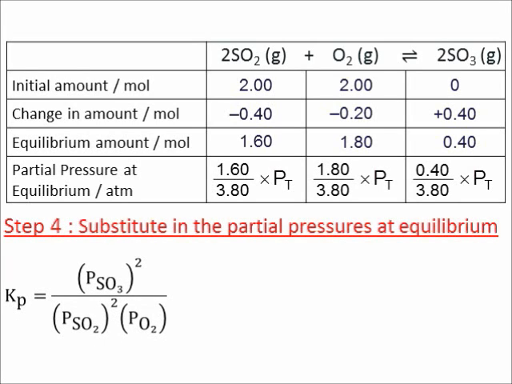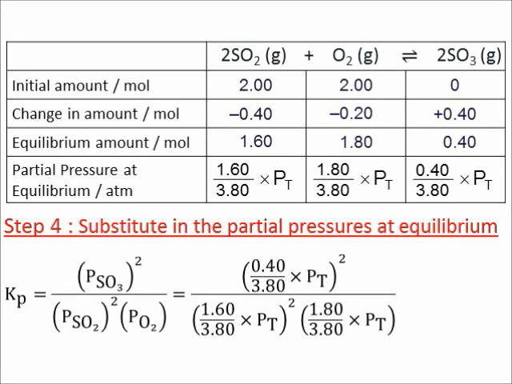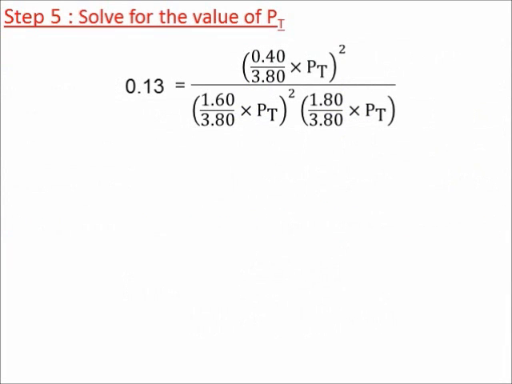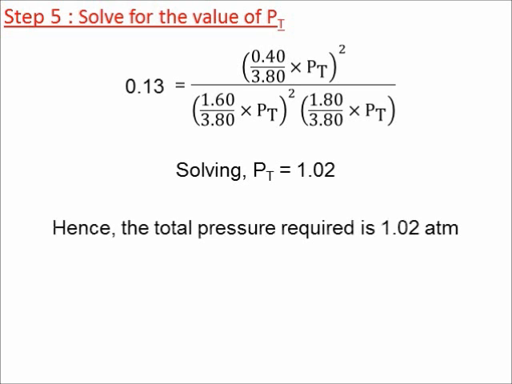Substitute in the partial pressures of the respective reactants and products. We use the given value of Kp as 0.13 atmospheres. We solve for the value of Pt, or total pressure, and its value is 1.02. Hence, the total pressure required is 1.02 atmospheres.